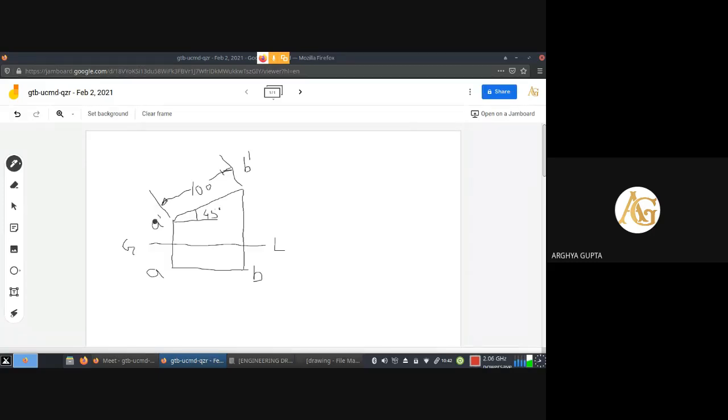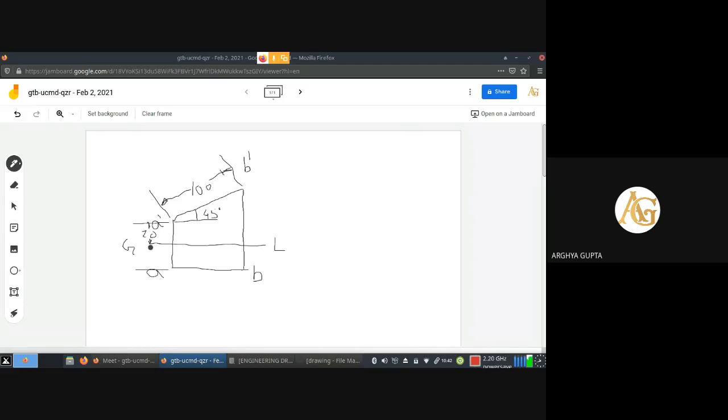Now the distance of A dash will have to be shown from the ground line. So an extension line is drawn and a dimension line. So the text is written 20, and another extension and dimension line and the two arrows. The arrows are not being drawn properly here, we will fix them.